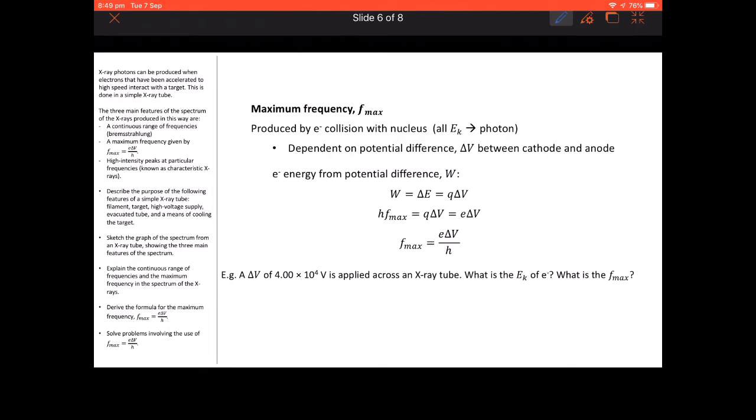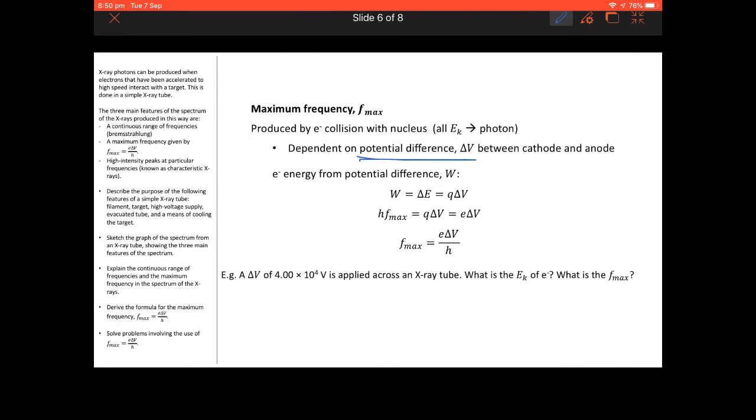The maximum frequency, or Fmax, is produced by an electron that collides with the nucleus, when all of that kinetic energy is converted to a photon, as we just touched on in the previous slide. This maximum frequency is dependent on the potential difference, the voltage across the cathode and the anode.